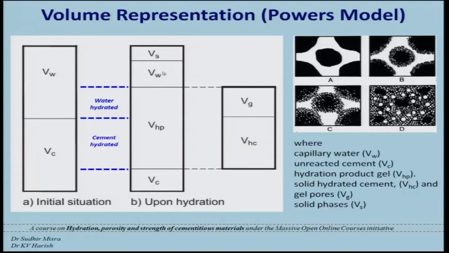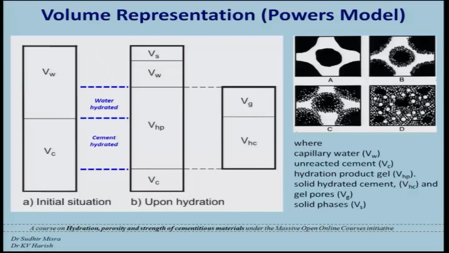Remember that this water remains in the system in the capillary pores. The initial amount of water that you have taken is what you see in this figure in the white space, and after hydration you still have some water left in the capillary pores. That is denoted by VW, and Vs is the volume of solid phases, which could also be present in the capillary pores.